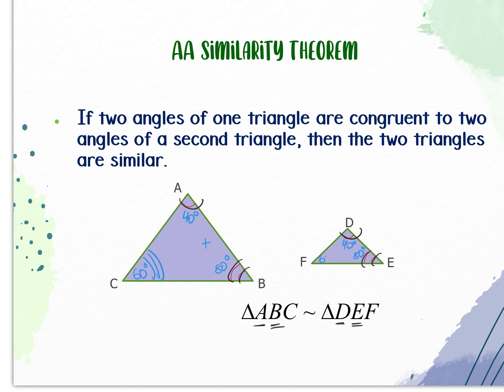Same thing over here. So once you know that two angles are the same, you know the third angle is going to be the same, and when all three angles are congruent, you have similar triangles. So that's where it comes from, but we never really need to find the third angle because of this similarity theorem. It only requires that we know about two of them.